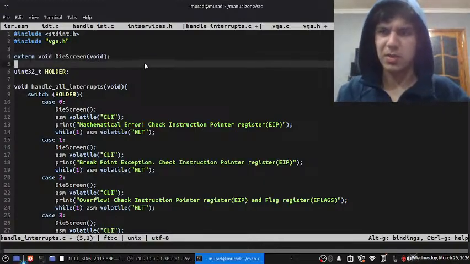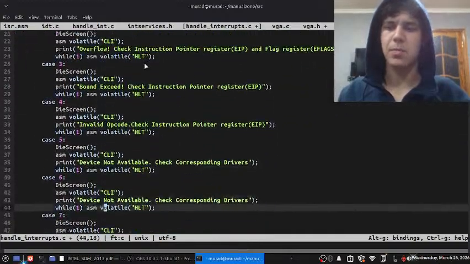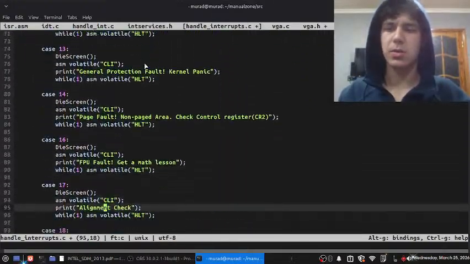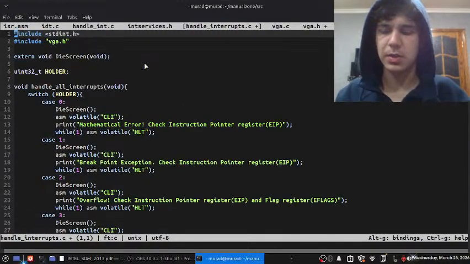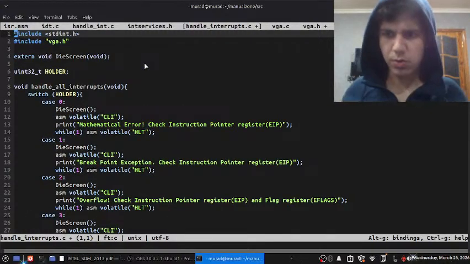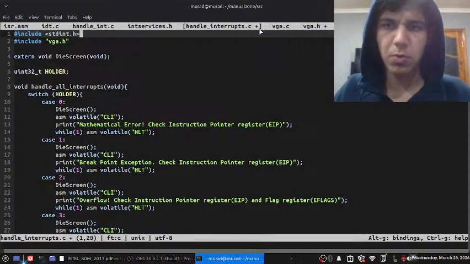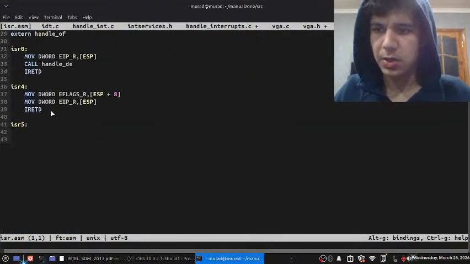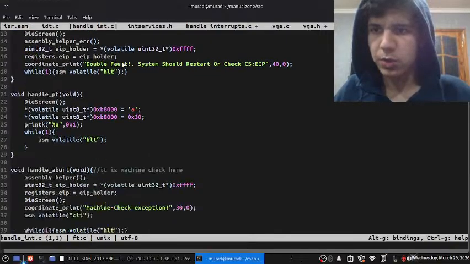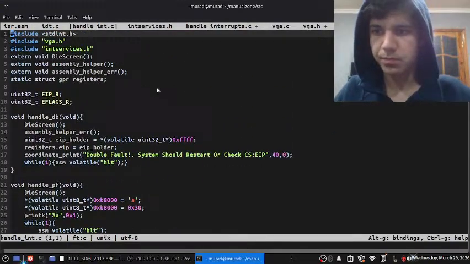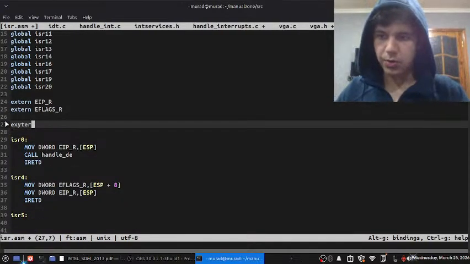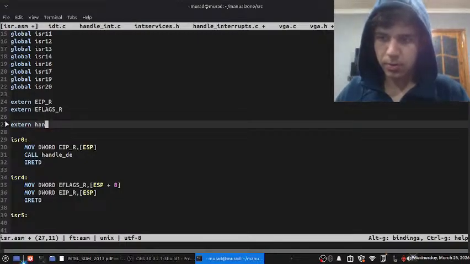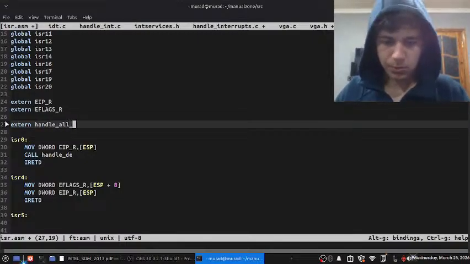I implemented the dice screen in assembly because assembly does not add compiler things like epilogue and prologue. Let's go through assembly. ISRs. Okay, ISR 5. What is ISR 5? I don't have to extern all things here. Extern only handle all interrupts.